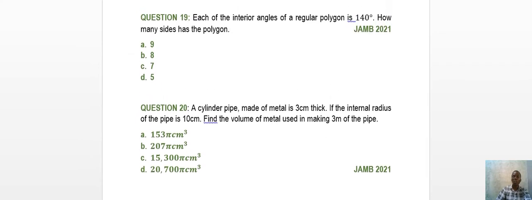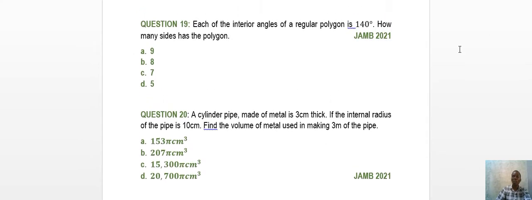The next question, question number 90, which is the penultimate question. Question number 90 says, each of the interior angles of a regular polygon is 140 degrees. How many sides has the polygon? Now take note of this question, it is very tricky.